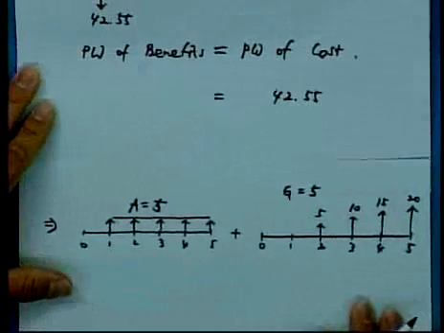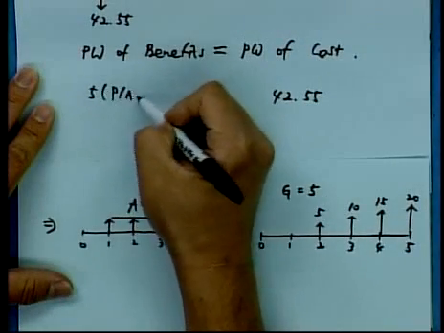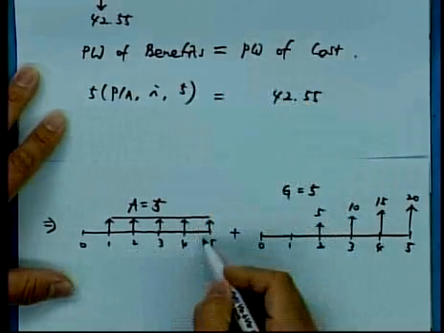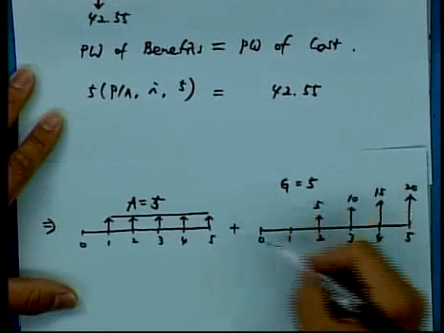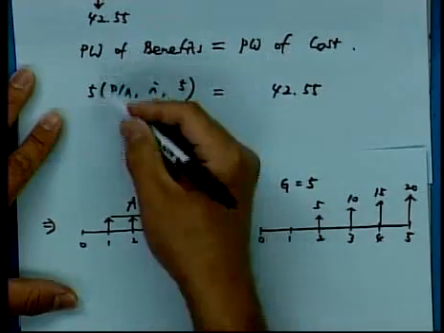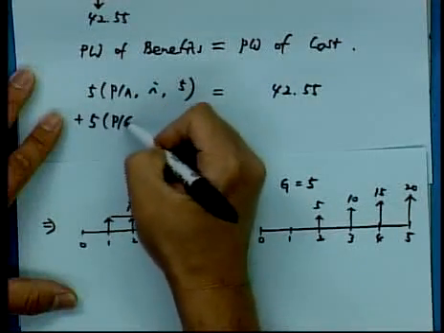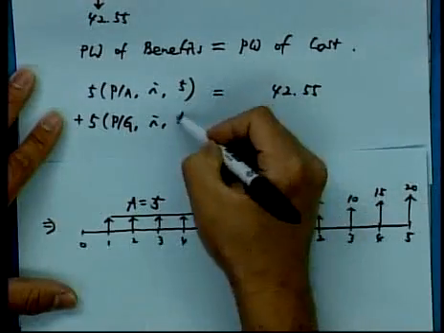So how do you do that? 5 times P given A, I % over 5 periods, right? Also, you need to convert this arithmetic gradient series to the equivalent present sum of money. So plus 5 times P given G, I over 5 periods. Okay?